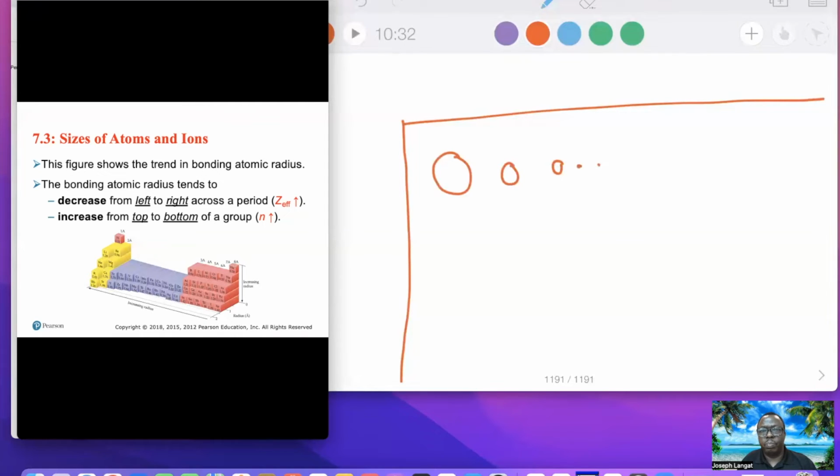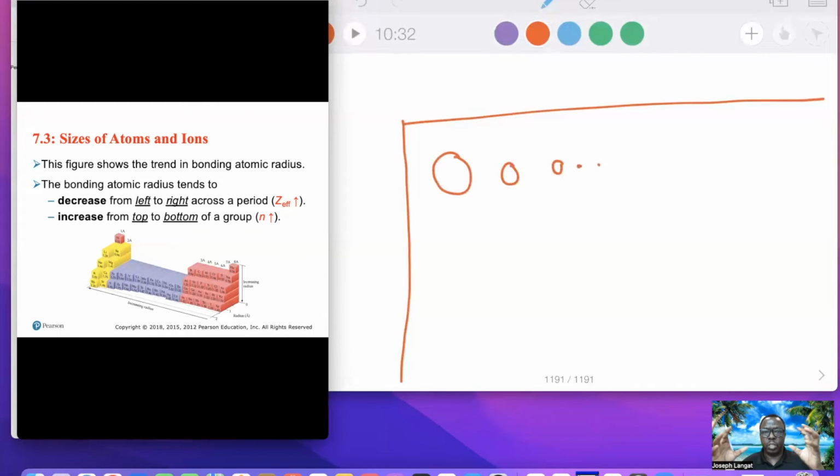For helium, 2 electrons in 1s, which means we are adding electrons to the same subshell, whereas the atomic number increases from hydrogen to helium, which means the valence electron in helium will feel a force of attraction between the protons in the nucleus and that valence electron, therefore, is going to shrink.